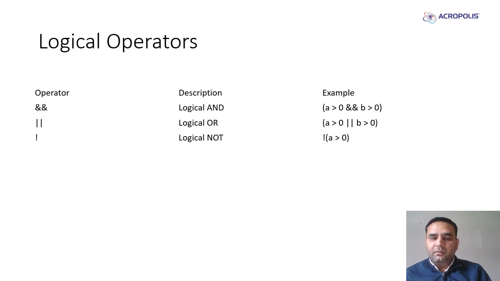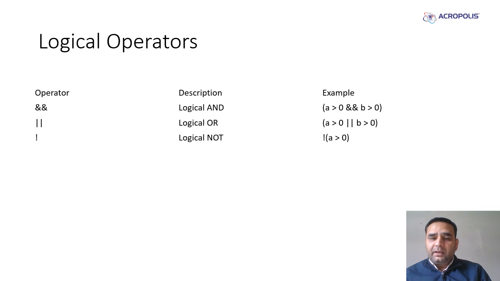Similarly, we have logical operators. Whenever we have to combine two conditions, we can use these logical operators. The very first operator is the AND operator, a logical AND. Whenever both the conditions are true, then it will return true. The second one is the logical OR.